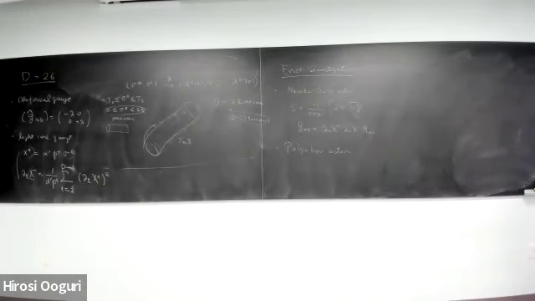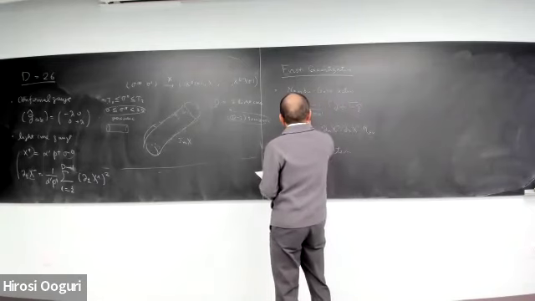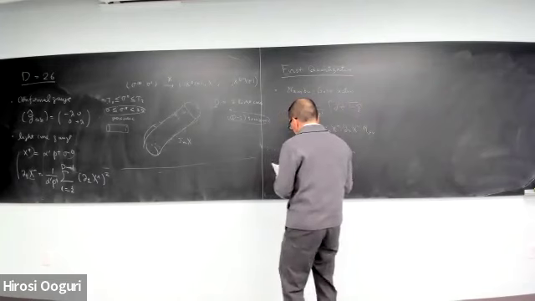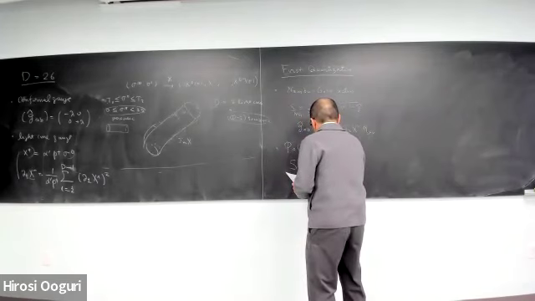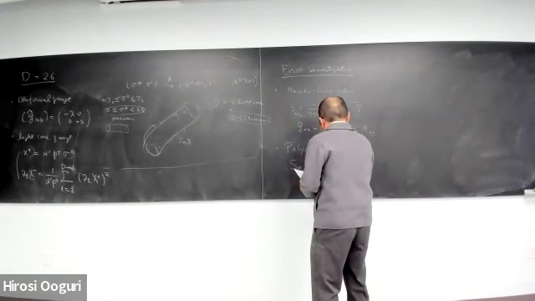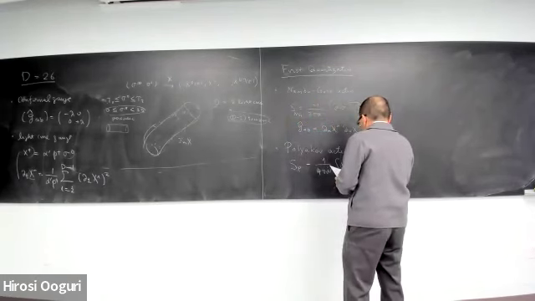But in the Polyakov action, you introduce the worldsheet metric as an independent degree of freedom. So let me write this as the Nambu-Goto action, and this is the Polyakov action. In the Polyakov action, you have this metric, this action.